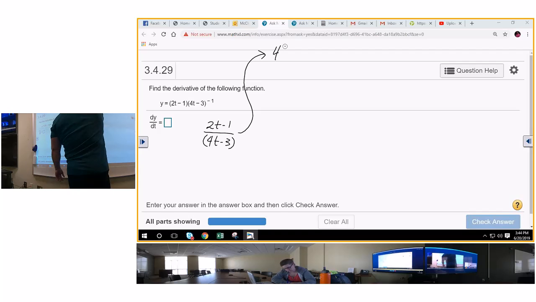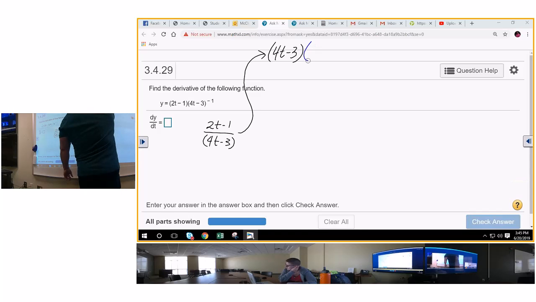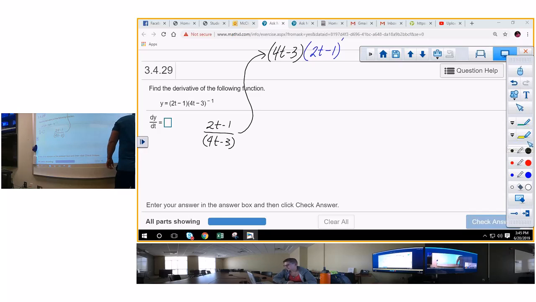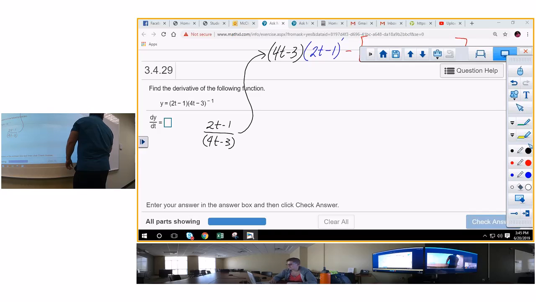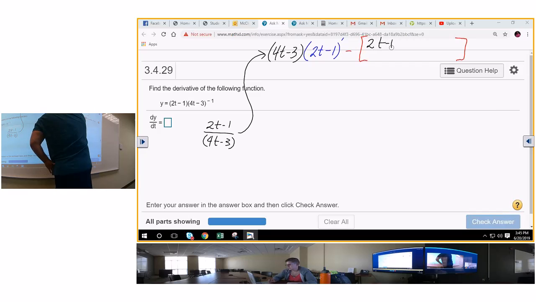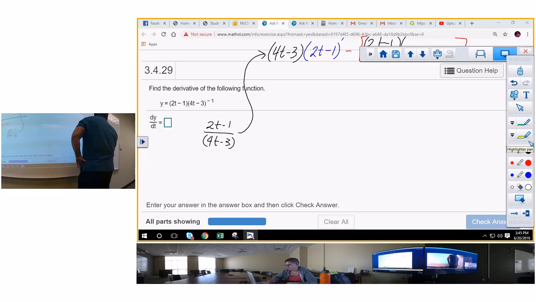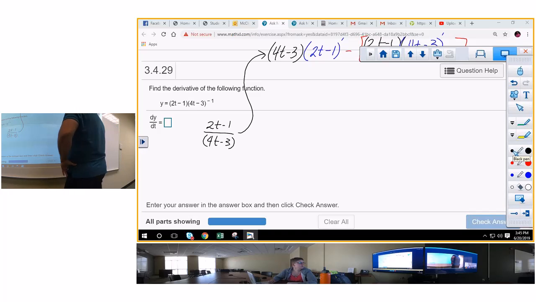Denominator times the numerator prime, 2t minus 1 prime, minus the numerator, 2t minus 1 times the denominator prime, 4t minus 3 prime, over denominator squared.